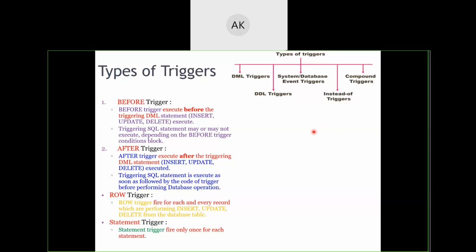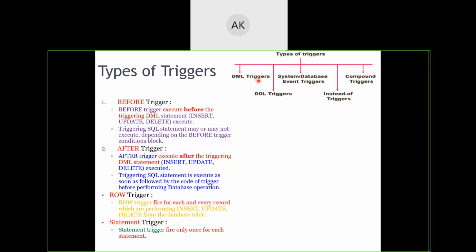But I prefer you to write the types of triggers of this nature. 1, 2, 3, 4, 5. These 5 are good enough. Now, when should the trigger associated with the DML get executed? Should the trigger get executed before the DML query is executed, or should the trigger procedure get executed after the DML query is executed?